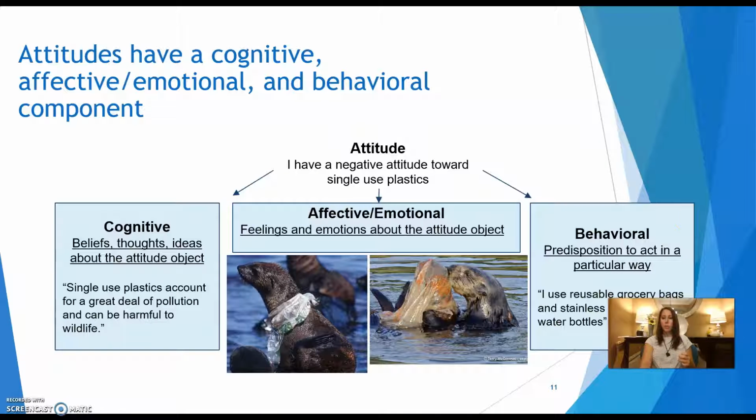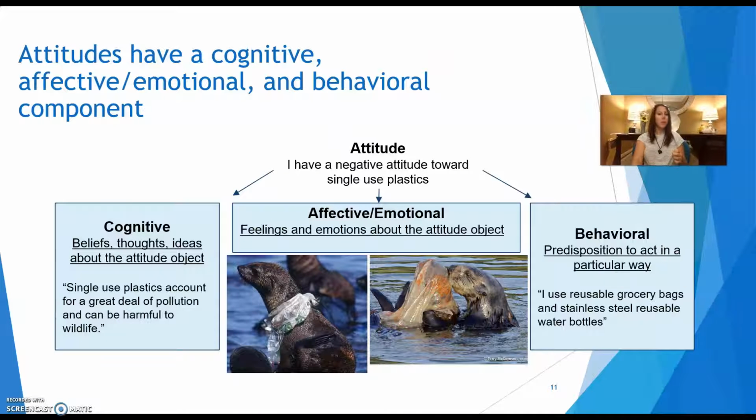So attitudes have a cognitive, an affective or emotional, and a behavioral component. And the best way to do this is through an example, right? So an attitude would be, I have a negative attitude towards single-use plastics, right? Plastic bags, Ziploc bags, straws, disposable water bottles. Negative attitudes towards single-use plastics.